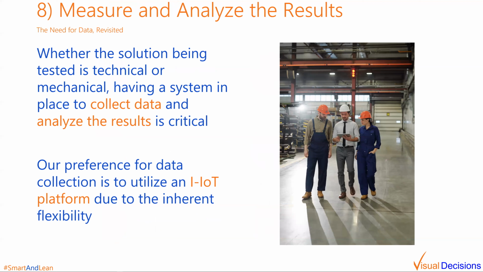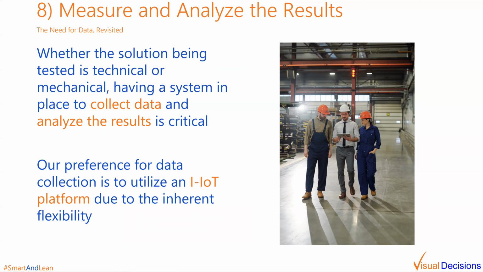Step 8 is to measure and analyze the results. Much of this webinar has been about utilizing data effectively to identify and analyze issues. And this is yet another place within the problem-solving process that acquiring and analyzing data is crucial. All of these topics touched on earlier apply here as well.